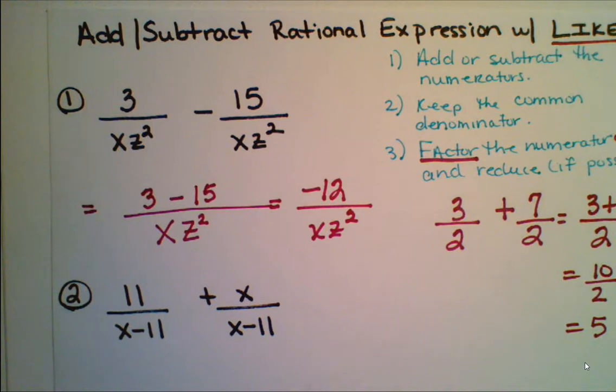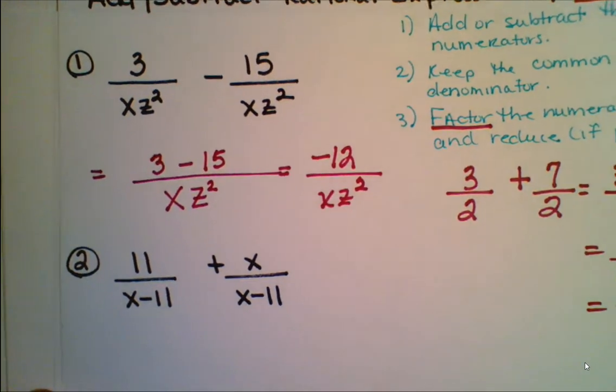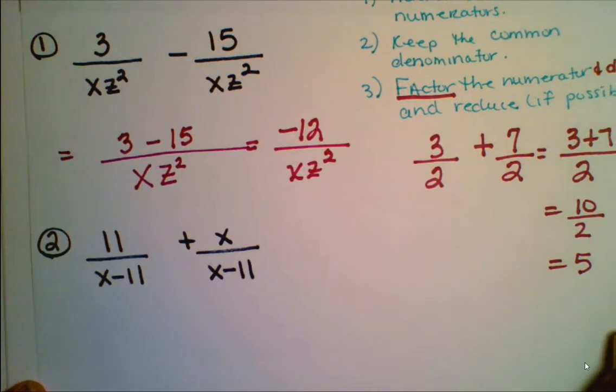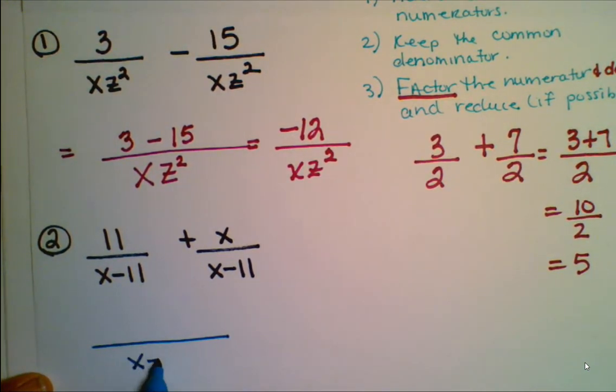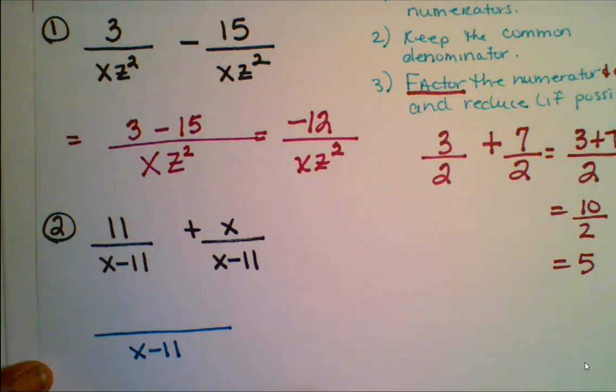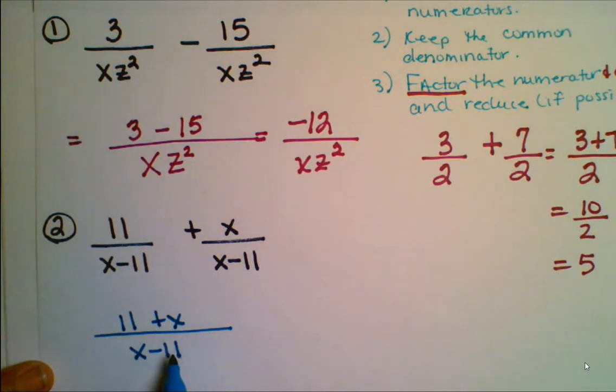Number 2, we have here 11 over x minus 11 plus x over x minus 11. So what we're going to do is combine or bring together our denominator, combine the numerator, and we have 11 plus x all over x minus 11.